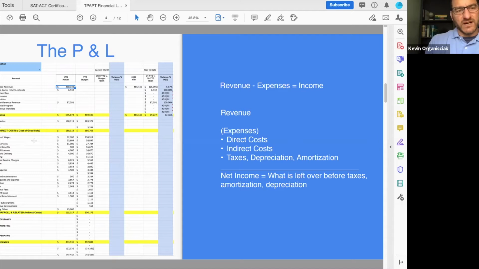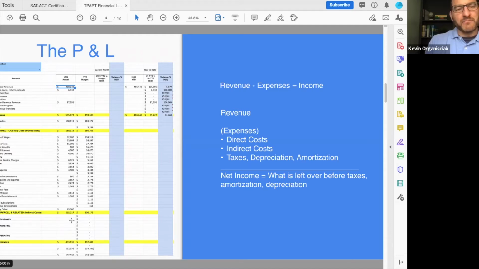Then the indirect costs are here, and we talked about those: salaries, employee benefits, taxes and licenses, advertising, credit card service charges, those sorts of things. They all live here, and that gives you your total expenses.